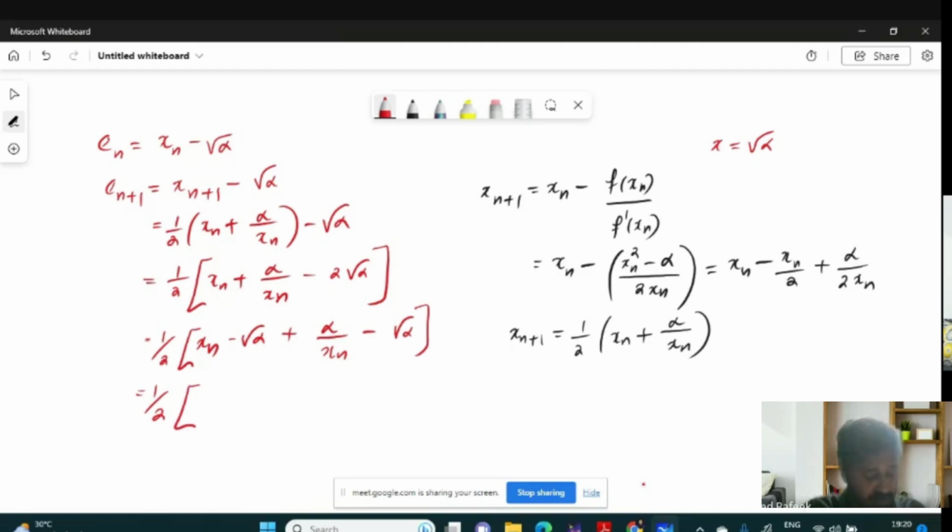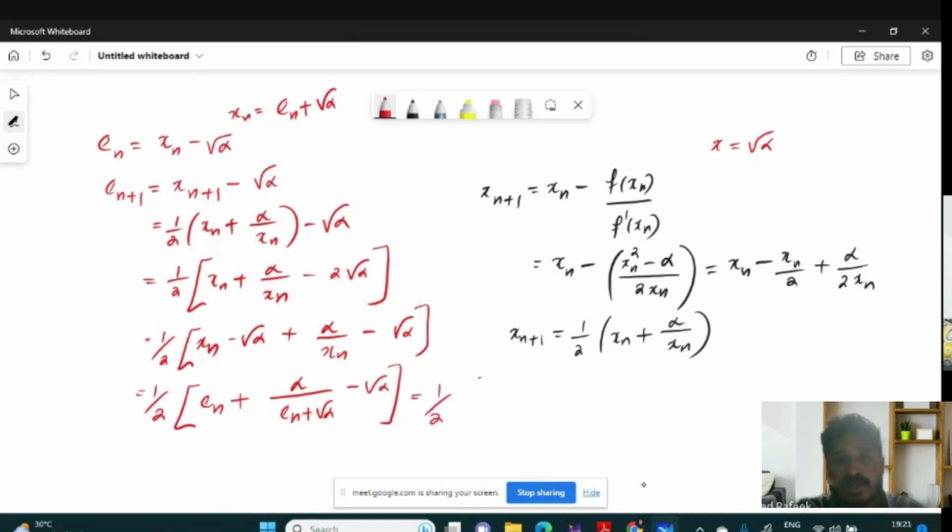Here xn minus root alpha is nothing but En, so we get 1 by 2 En plus alpha by xn minus root alpha. Since En equals xn minus root alpha, xn is equal to En plus root alpha. Put it here: En plus root alpha minus root alpha.